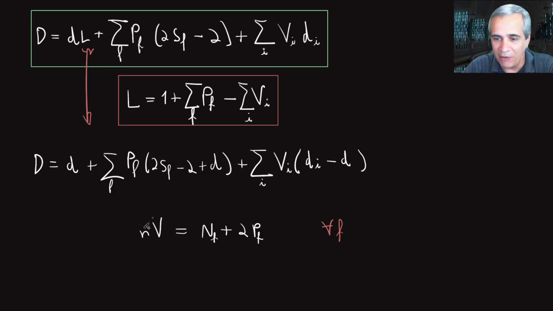But now I have many kinds of vertices that can produce this field F. So I have to sum over all the interactions in my theory, and for each of these interactions, I have to see how many lines of this kind of field can come out of that vertex. And that's N_IF.